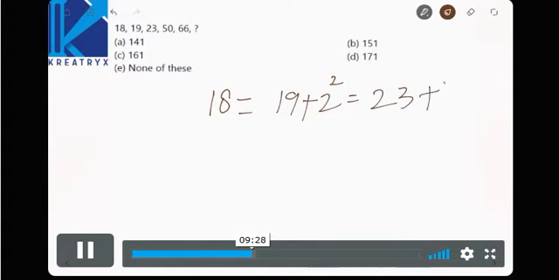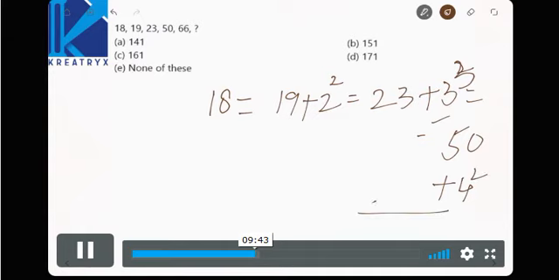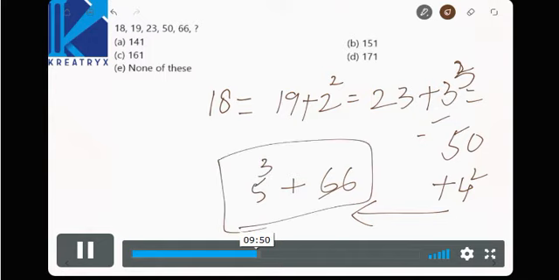That is nothing but 3 cube. 3 cube plus 23 will lead you to 50. Then 50 plus 4 cube will lead you to 66. Now the next number must be 5 cube. 125 plus 66 will give you the answer 191. So there is no such option here. The option is none of these.